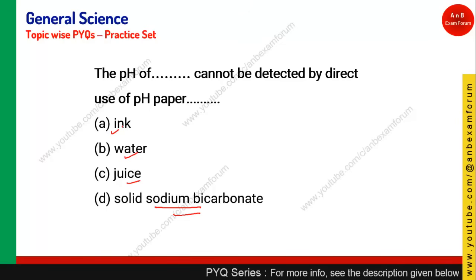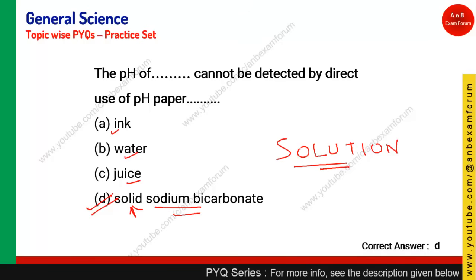This is a very tricky question. Whatever pH things we are discussing are only valid for aqueous, water-based solutions. Since he is talking about solid sodium bicarbonate, it will not be detected by the pH paper. So option D is the right answer.